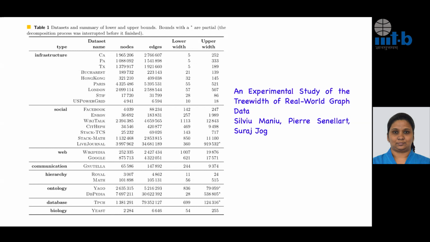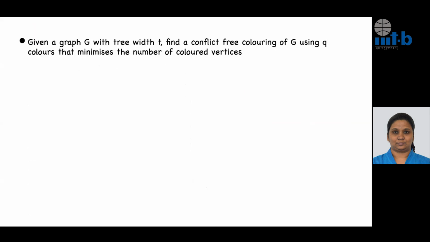real world graphs. So here again the question is, given a graph with tree width T, find a conflict free coloring of the graph with, let's say, some Q colors that minimizes the number of colored vertices.